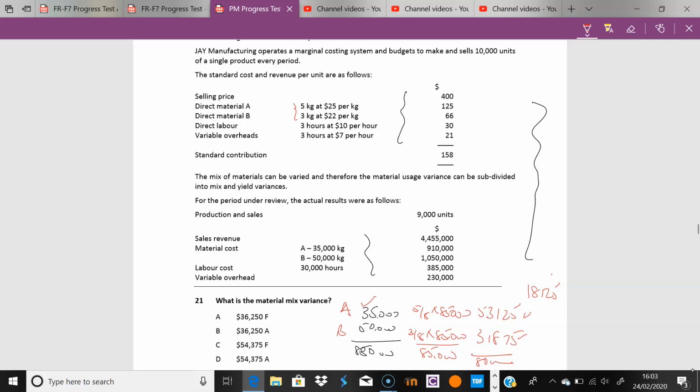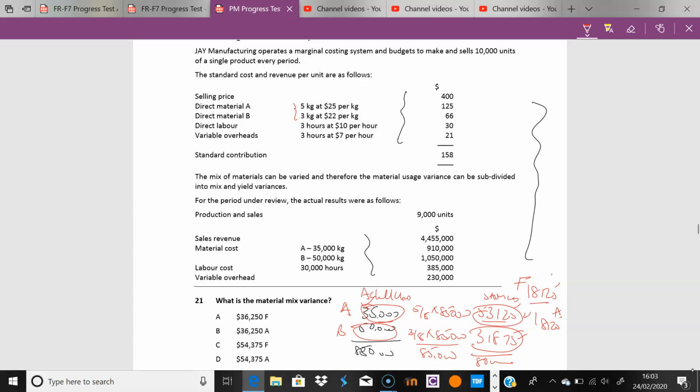This is what you actually used, and this is what you should have used. So you should have used 53,125. You've used 35,000. So the difference is 18,125, and you have used less, so that's favorable. And here you should have used 31,875, but you've used 50,000. So this is 18,125 as well, and that's adverse.